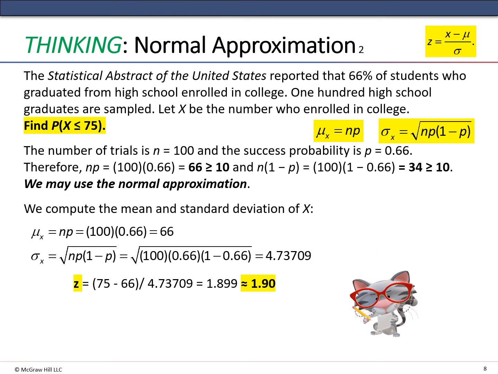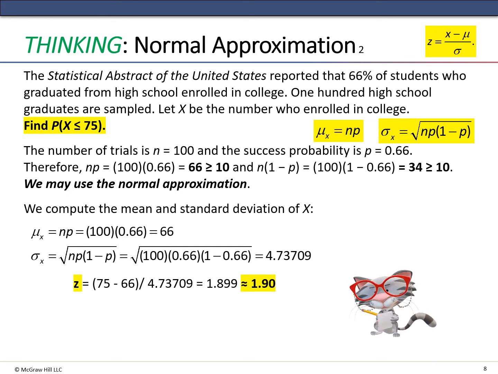Now why didn't we use 75.5 here? Well, because we're talking about people, you can't have a continuous person. You can't have a 1.5, you can't have a decimal person.